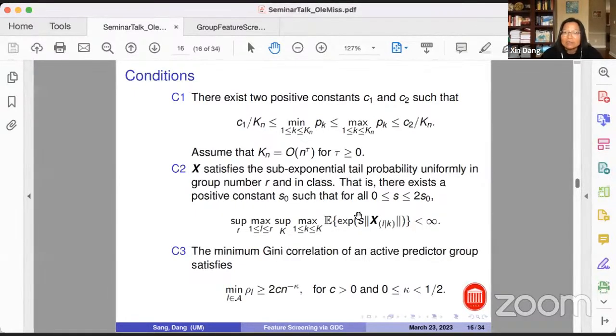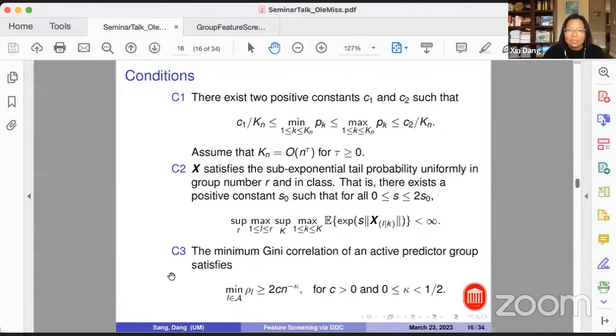This is what it means: the expectation of this must be finite. So the X distribution will have an exponential tail, decreasing to 0 fast enough. This condition includes the normal distribution, and some exponential-type distributions like the Laplace distribution also satisfy this condition.